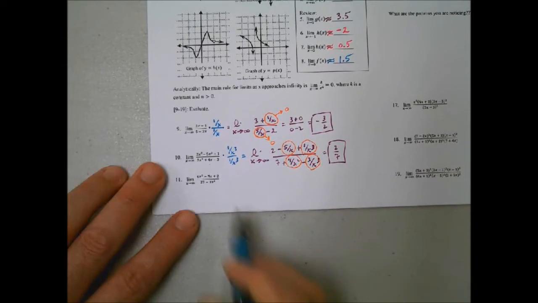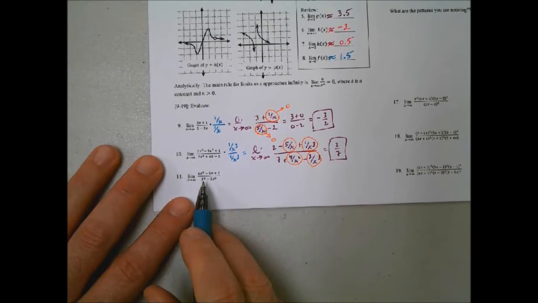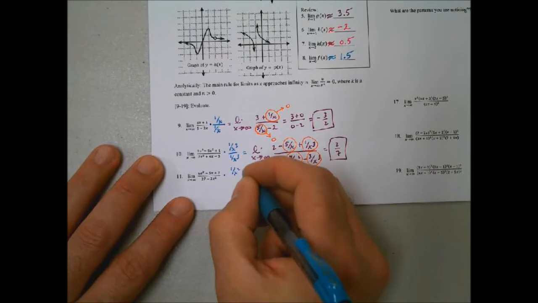Next one. Highest power of x in either the numerator or the denominator is 2. So I'm going to multiply top and bottom by 1 over x squared.